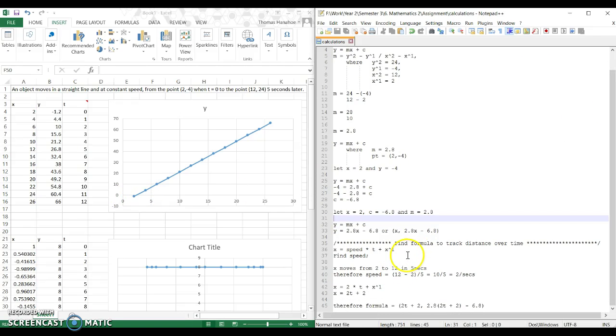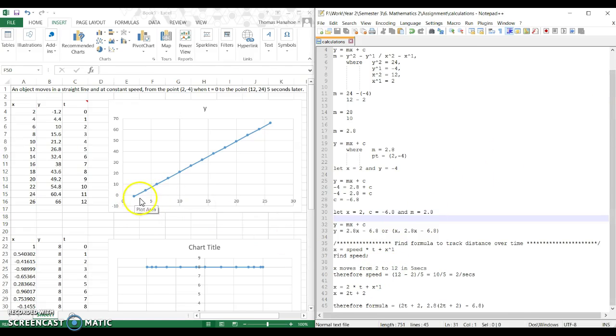So the next thing we have to do is find speed. Now speed, we can find speed by calculating this using the seconds and the distance. So using this we can find x moves from 2 to 12 in 5 seconds. Therefore speed is equal to 12 minus 2 divided by 5, which then equates to 2 units per second.